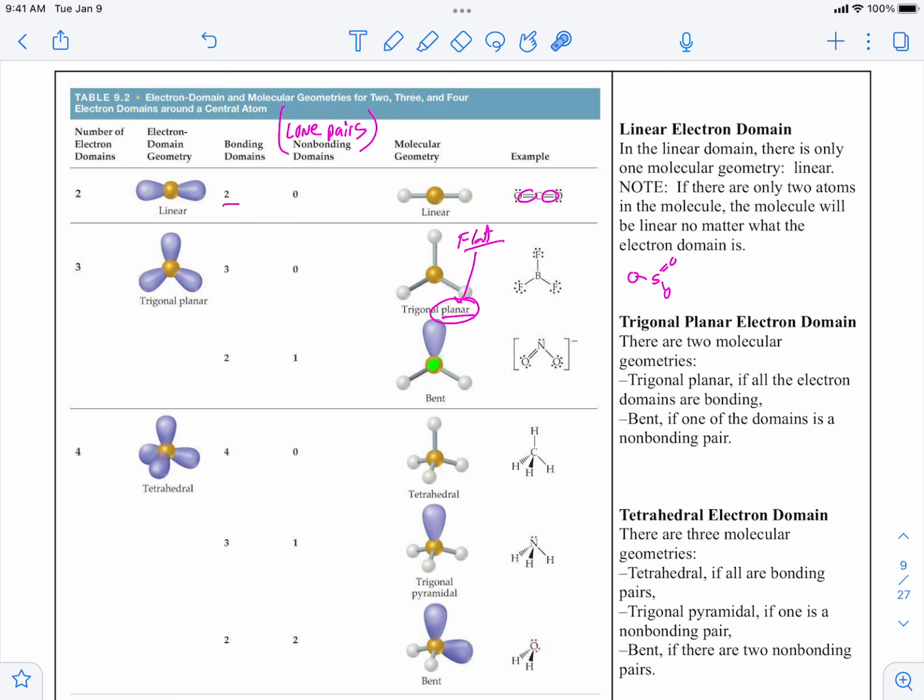We still have 3 domains, and in order for these 3 domains to exist, they must space out, be as far apart from each other as possible. The name of this shape, though, is going to be called bent, because the name of the geometry is based on the bond angles of atoms, not lone pairs. So that molecule is a bent line. It's not linear.